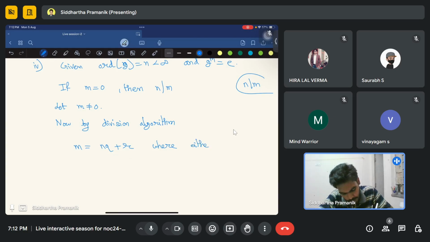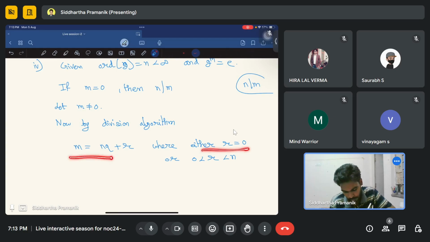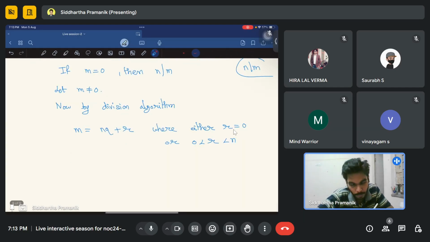Either r is 0, or r is greater than 0 and less than n. If we can prove that r is 0, then m equals nq, and then n will divide m. So we want to prove r equals 0.